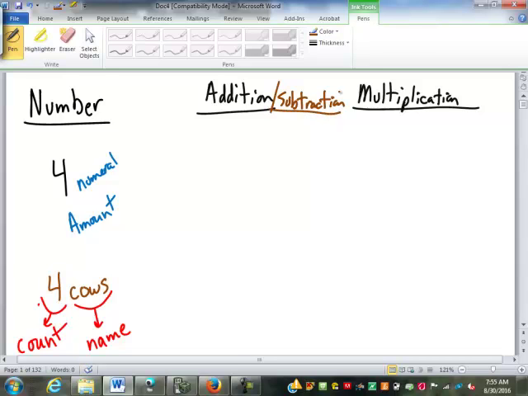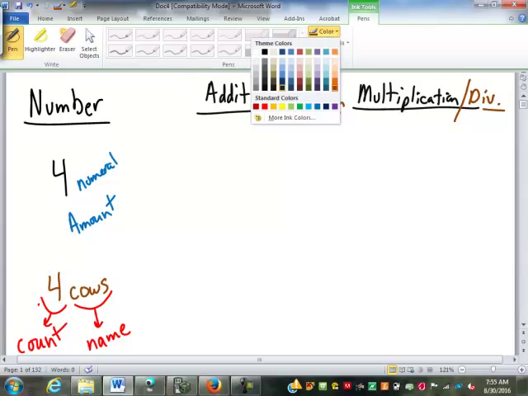In fact, there is no subtraction. Subtraction is just addition done in reverse. We're not going to get quite that technical. There is subtraction, but addition and subtraction are really the same operation. So any rules that we talk about for addition also apply to subtraction. And then, of course, the same thing for multiplication and division. They're the same operation, just one is going forward and the other is reverse.